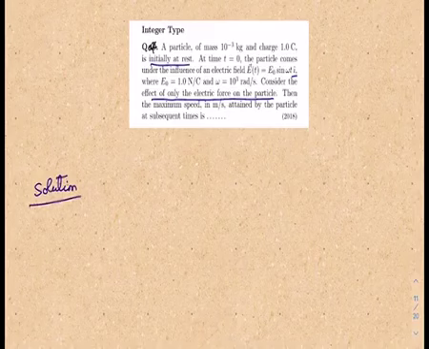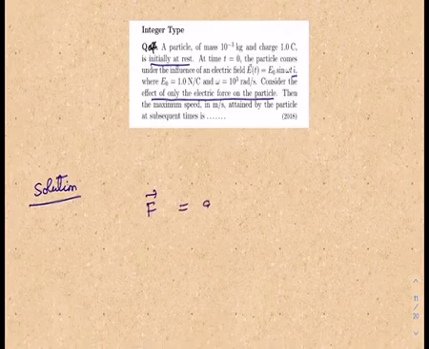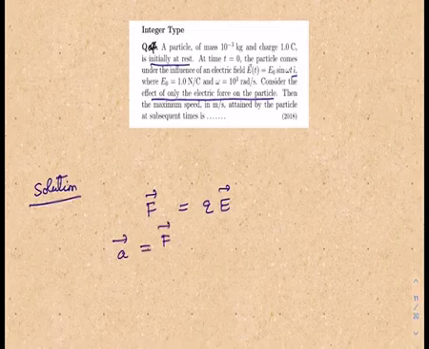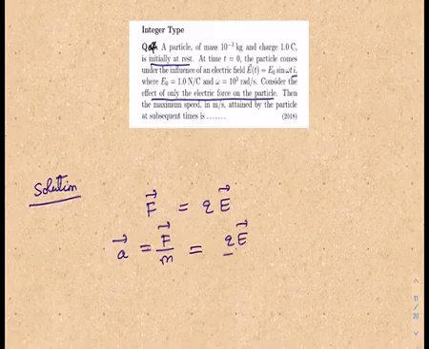So the force on the particle due to the electric field is simply Q into E. Now we have to find the speed, or basically the velocity. From here you know the acceleration, that is F by m, which is Q E by m.